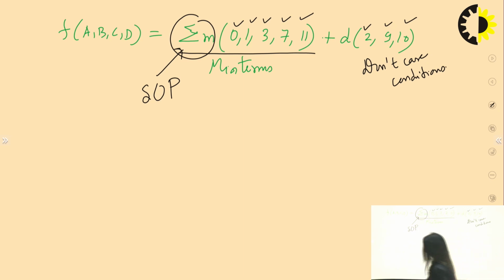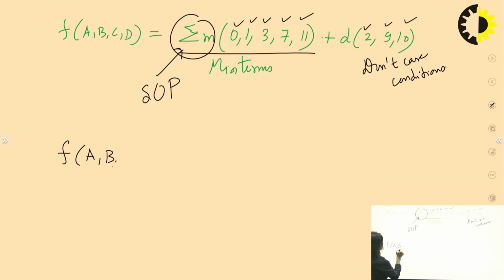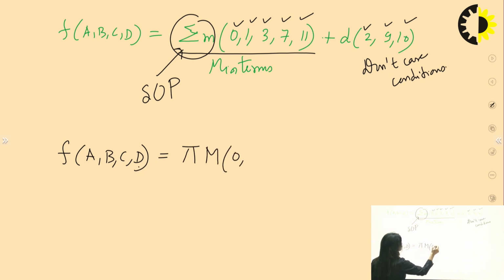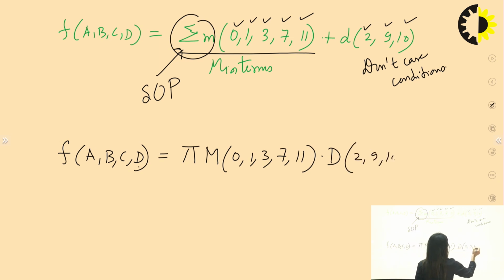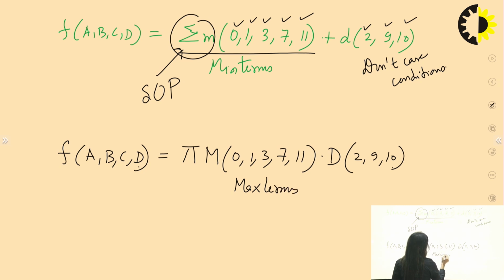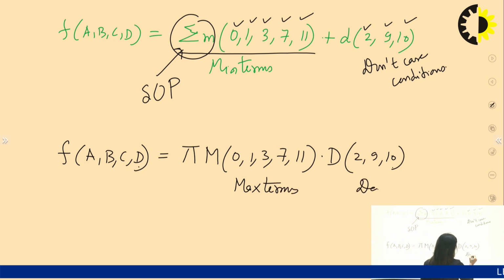Now, if the problem is written like this, okay, so these are the max terms and these are the don't care conditions.